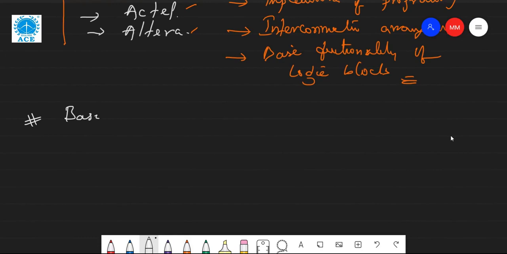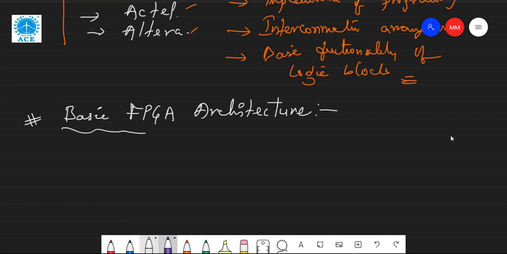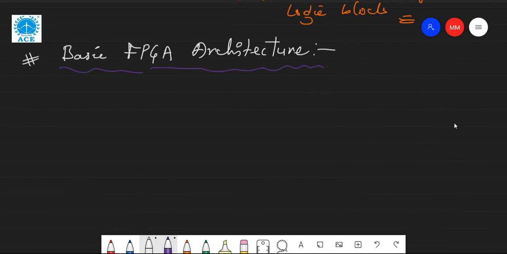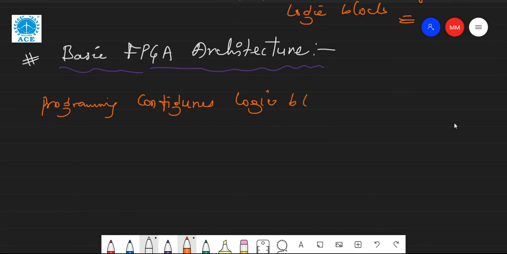So, the basic FPGA structure, or architecture. Basically, the programming configuration configures logic blocks to logic functions.